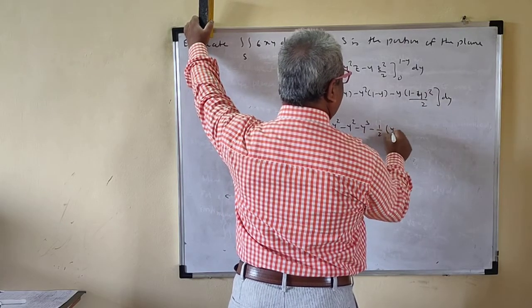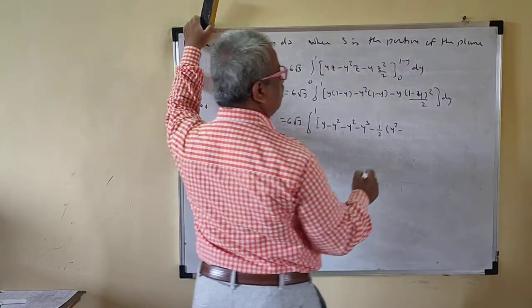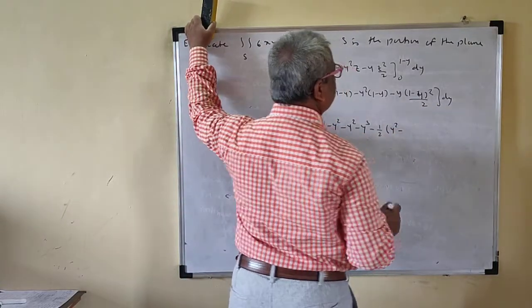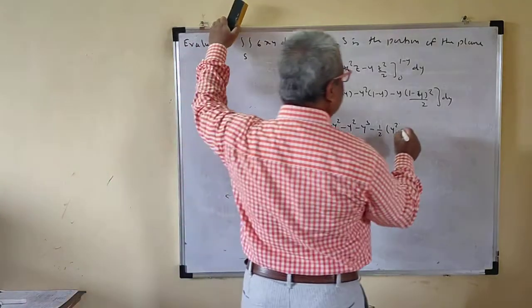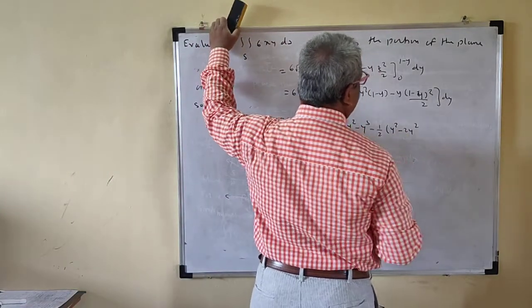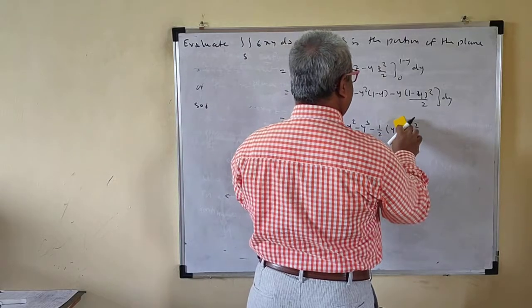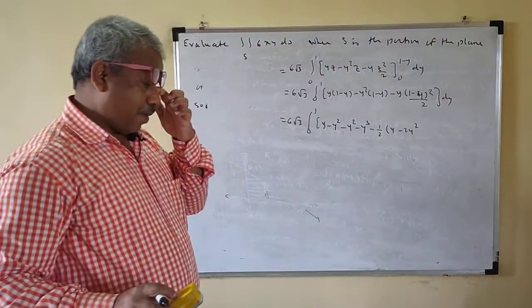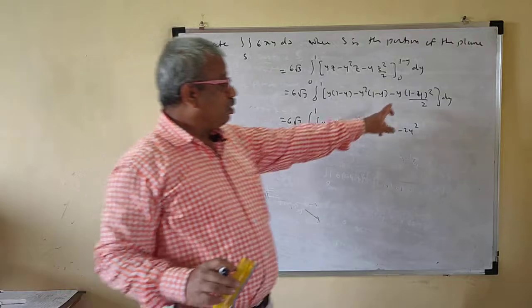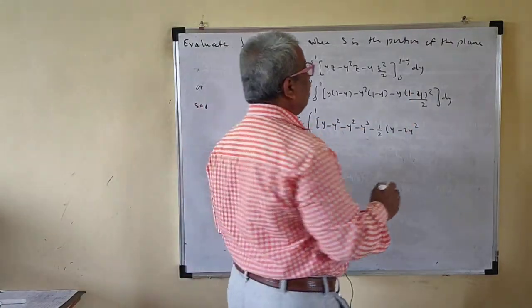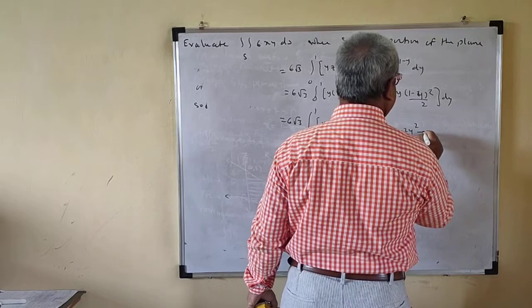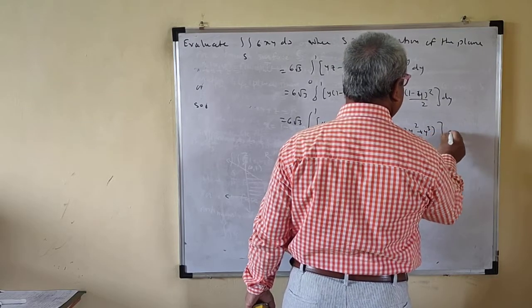We are expanding this: 1 minus twice y, then twice y square. Oh, here only y. So y minus twice y square, because here is minus twice y and outside there is y, so we are multiplying by y. Then plus y square, so plus y cube dy.